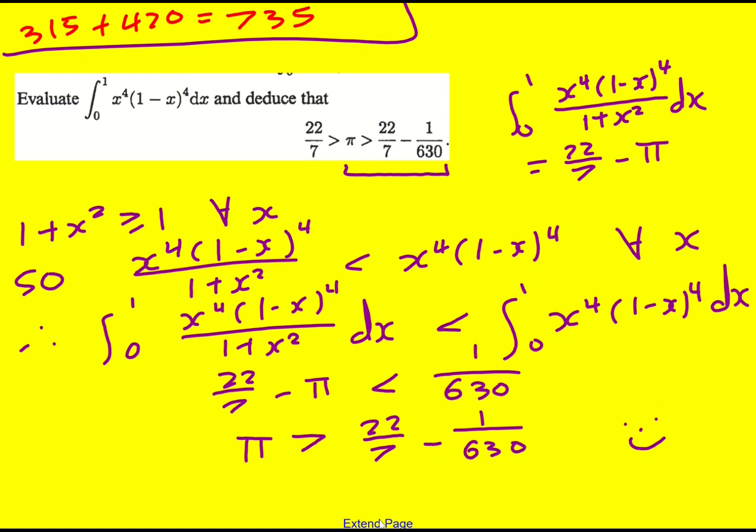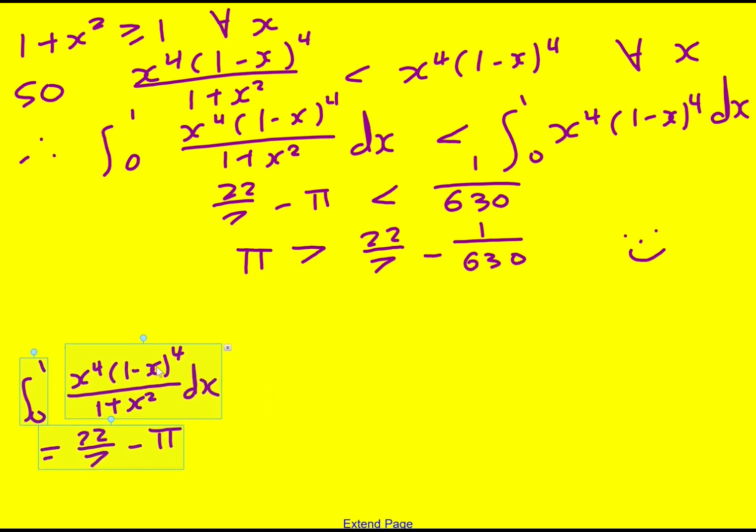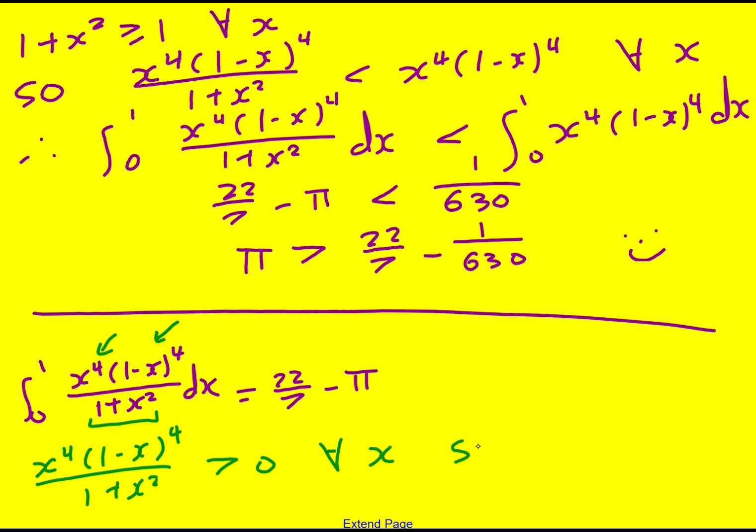Now for the second part, we need to show that pi is less than 22 over 7. It's going to come back to this integral over here. Now we already said that this is greater than 1, but check out these two terms. They're going to be greater than 0. x to the 4, 1 minus x to the 4 over 1 plus x squared is going to be greater than 0 for all x.